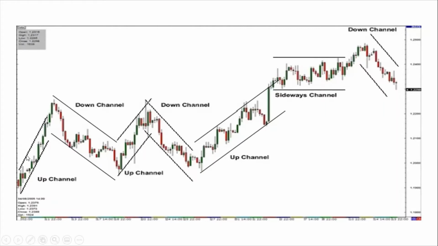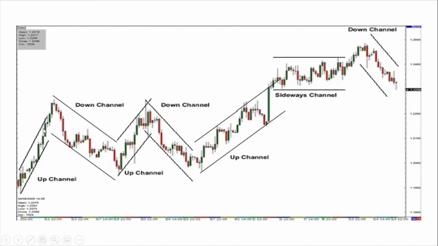So the price is moving, touching the channel, then slopes down, moves again, touching that channel, then slopes down. And then, as you can see from this line here, it failed to come back to this channel.